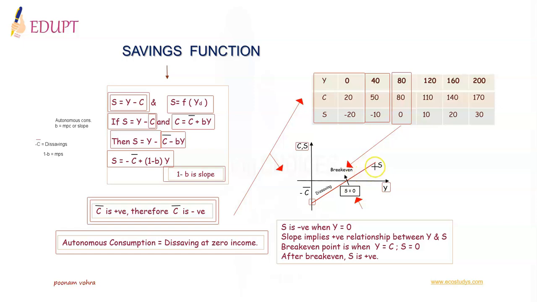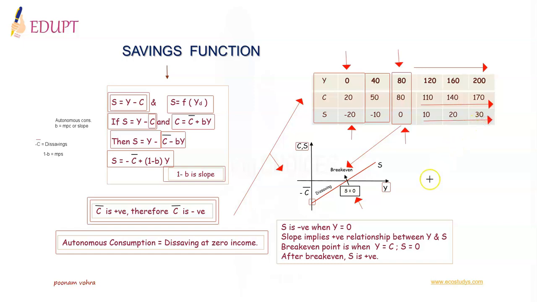Thereafter, savings increase. So one can conclude that when income is 0, savings are negative. When income is same as consumption, savings are 0. And thereafter, as income increases, consumption also increases, savings also increase.